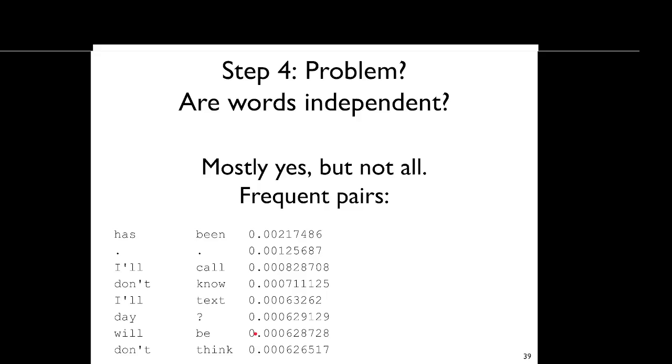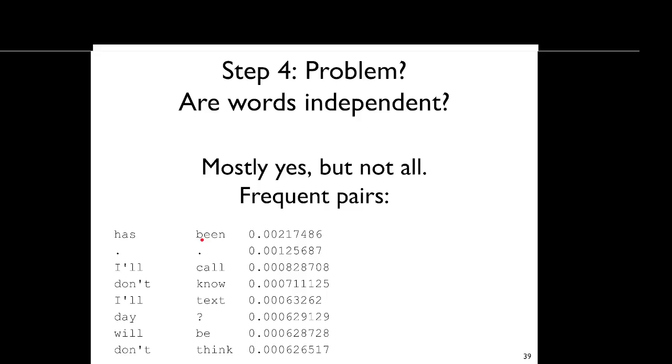And specifically here in our messages, of course you do find frequent pairs: has been, I'll call, don't know, I'll text, day question mark, interesting, will be, don't think. These appear very, very frequently to each other, and this is basically a normalized value log-odds ratio between those two pairs. So they appear much more frequently than expected next to each other. So they're not independent of each other.